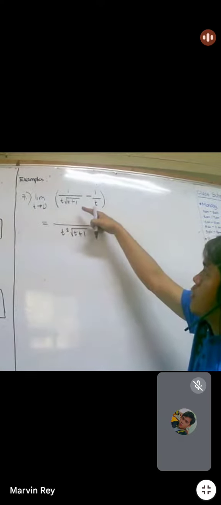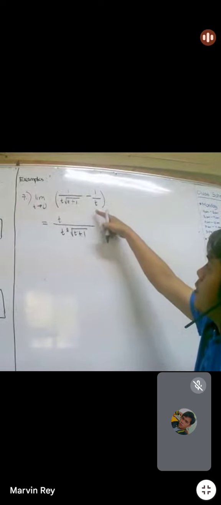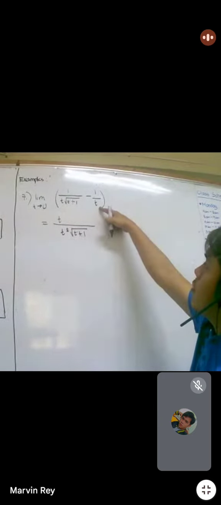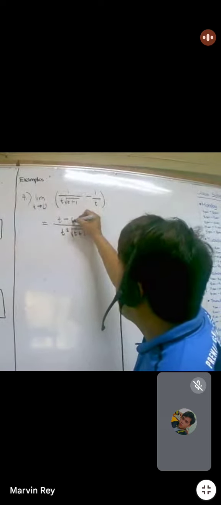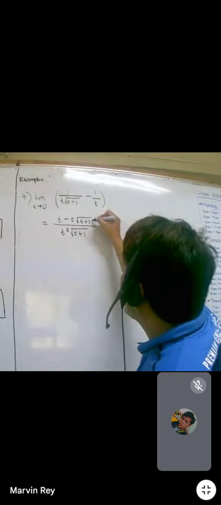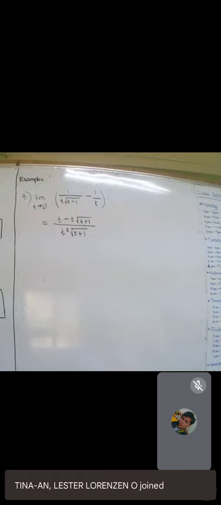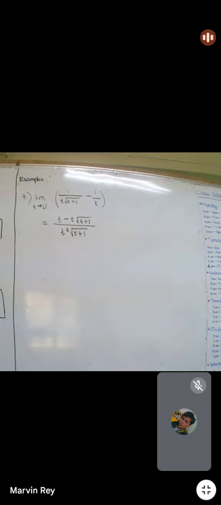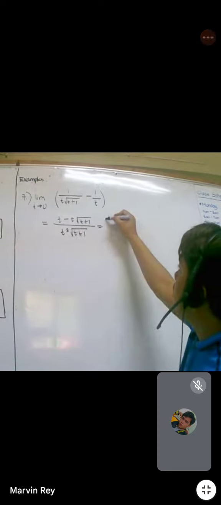So the remaining value is t, times 1 is t. So the numerator is t. T over t squared square root of t plus 1, divided by t, is just t square root of t plus 1 times 1. So negative t square root of t plus 1. Next, what's the next step? You can factor this one. Okay? So factor out t.